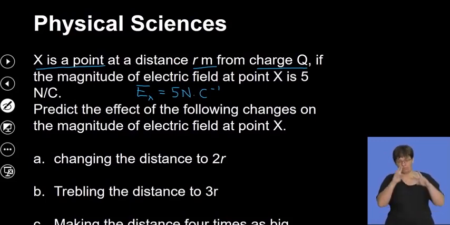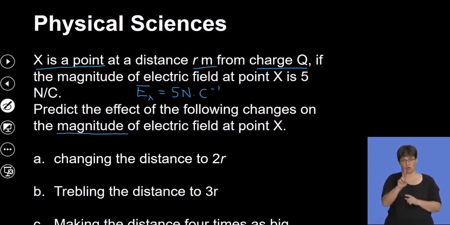Now we just want to explore some understanding behind the concept of electric field at a point. It says here, predict the effect of the following changes on the magnitude of electric field. So our focus for now is the magnitude. What if we change the distance to 2r? We double the distance.